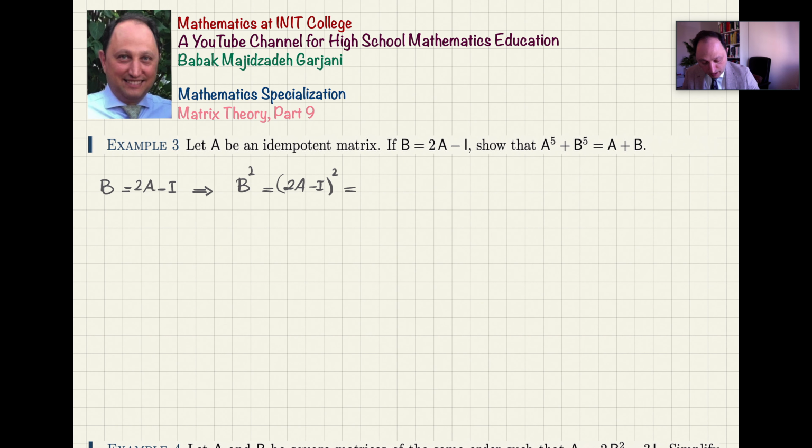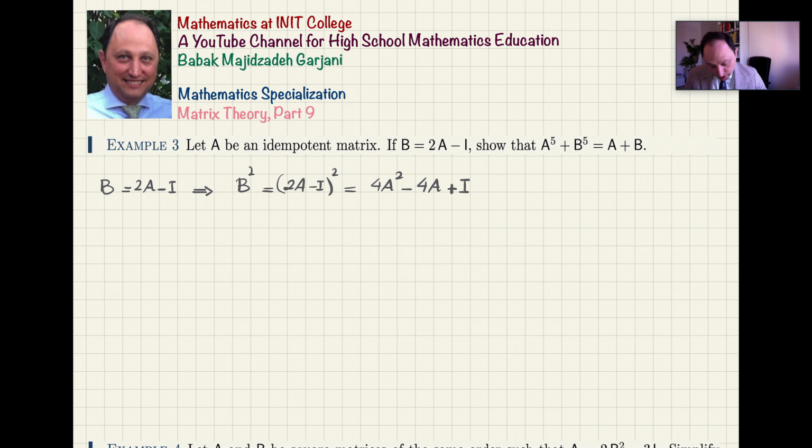Now tell me, am I allowed to use the algebraic identity for this? Yes, because 2a and I are the matrices involved and we know that they commute. So this becomes the first one to the 2, minus 2 times the first one times the second one. A times I is A itself, so I don't write it. And the second one, I squared is also I.